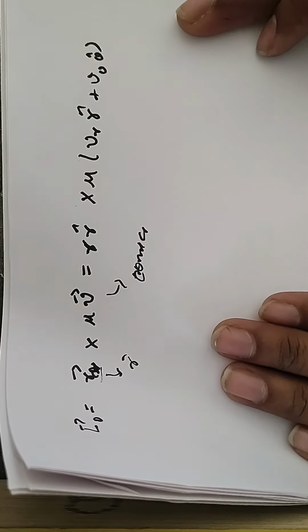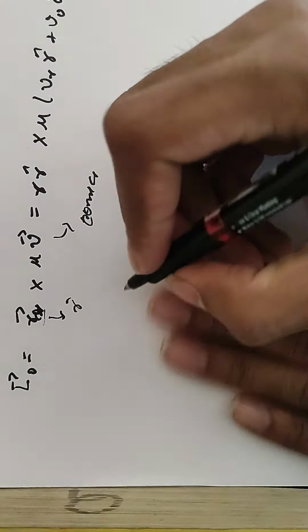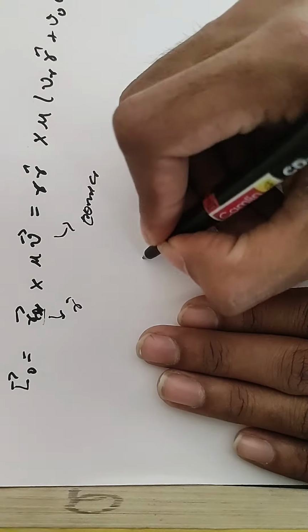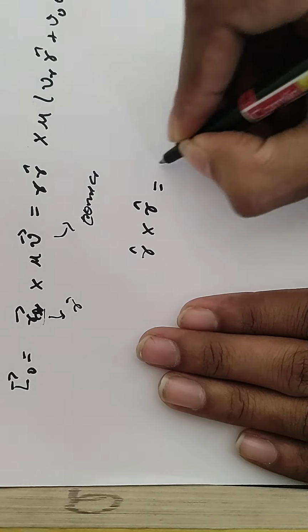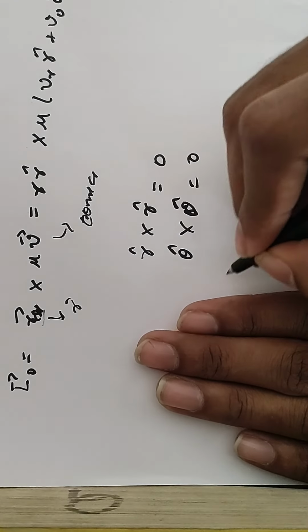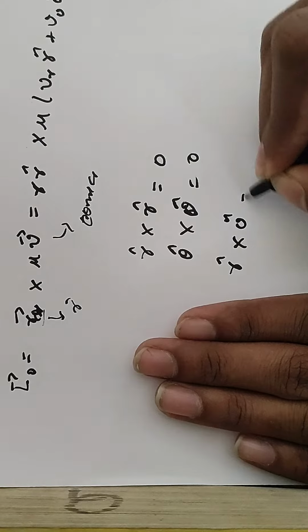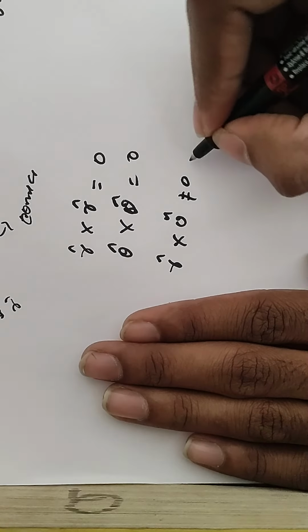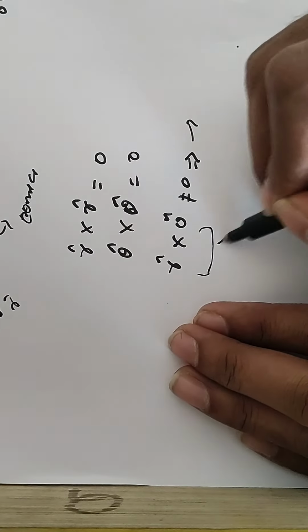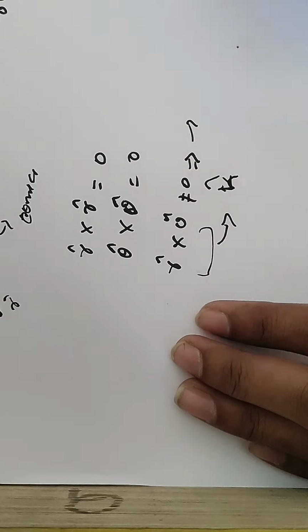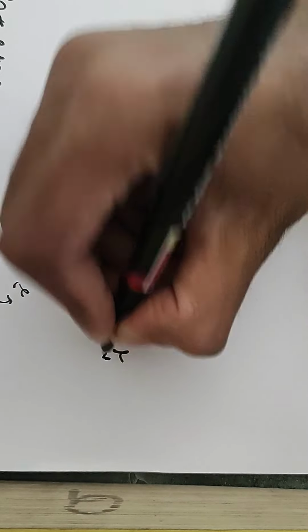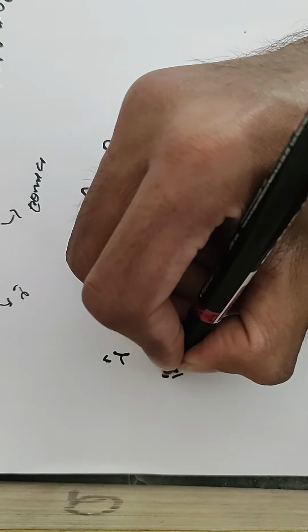Now, basically again we are going to use vector analysis. In cross product the picture is quite different. The cross product of two same unit vectors results in 0, but the cross product of two different unit vectors is not 0, but rather some other unit vector. It's kind of a rule: r cap, theta cap and k cap.